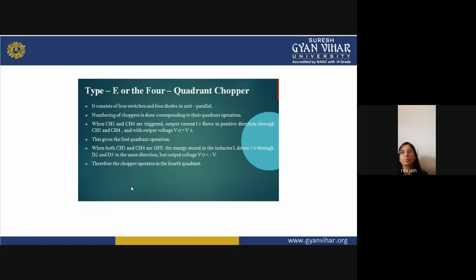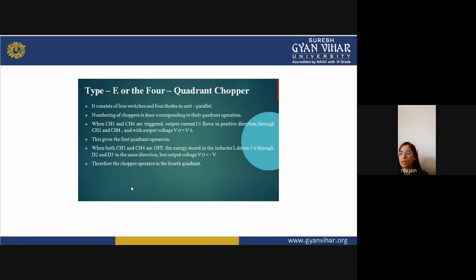Now the last point is type E or four quadrant chopper. As the name is given, the four quadrant chopper will operate in four quadrants. It consists of four switches and four diodes in anti-parallel.